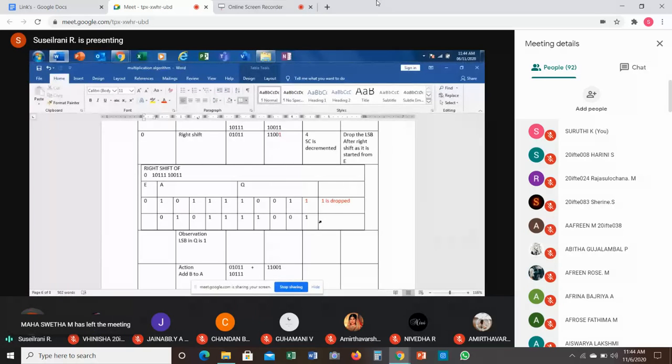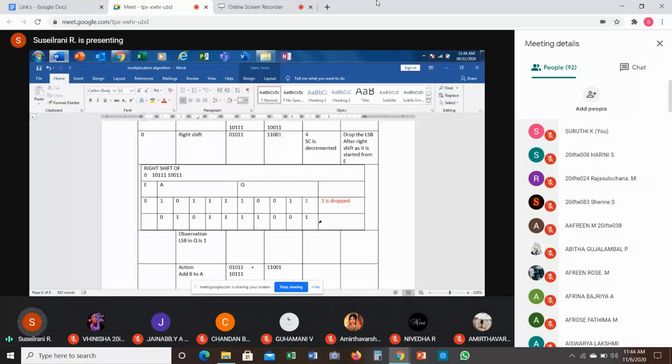So in Booth algorithm, the steps that are followed: we are calling here accumulator as A. In Booth algorithm, we call that as AC. And here we are taking two registers as B and Q. In Booth algorithm, we'll call that as BR and QR.